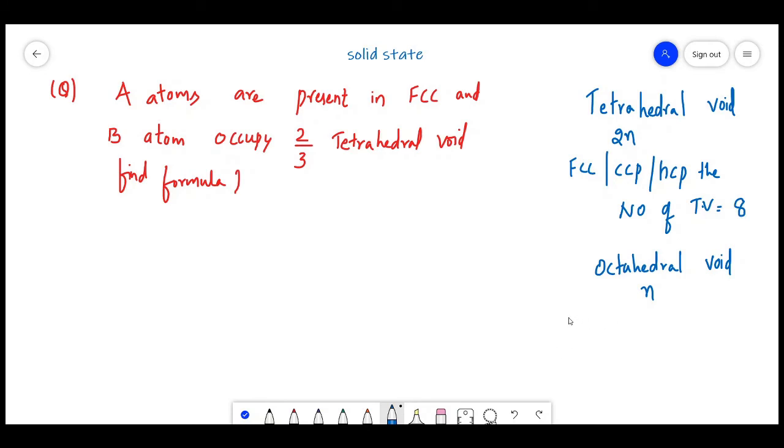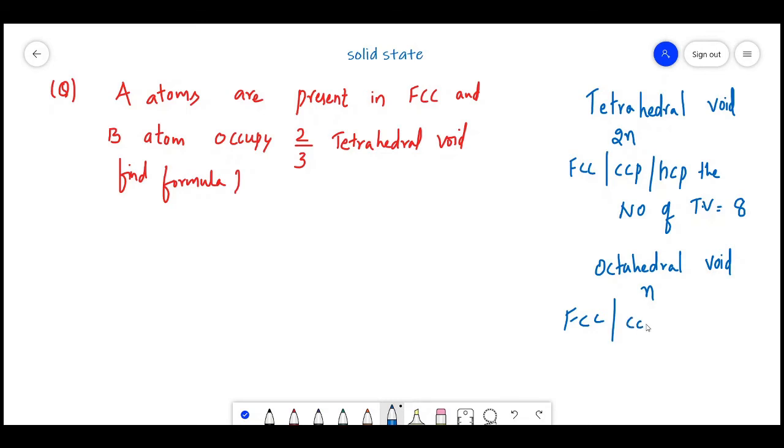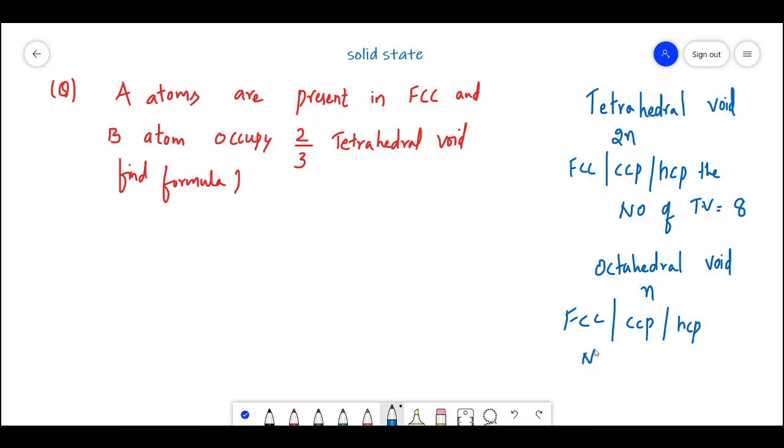And similarly for all FCC and CCP and HCP, number of octahedral voids are equal to 4. So just remember these formulas. Now let us solve this problem.